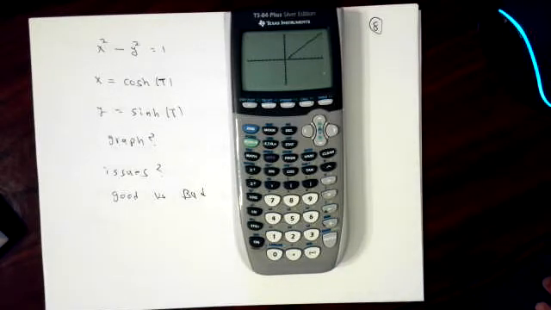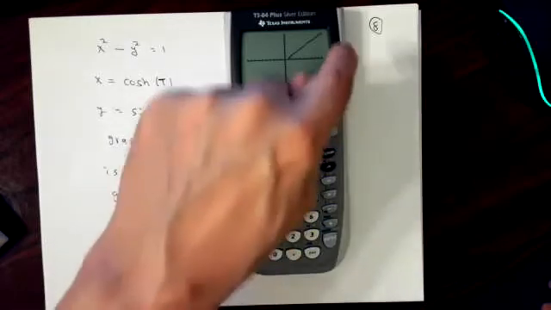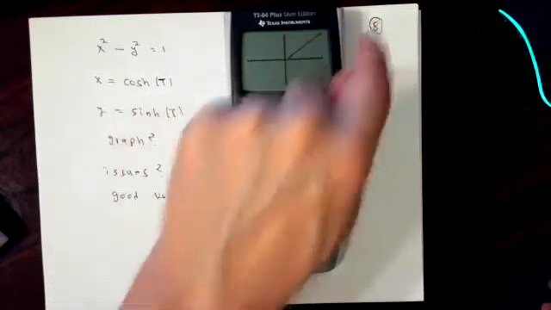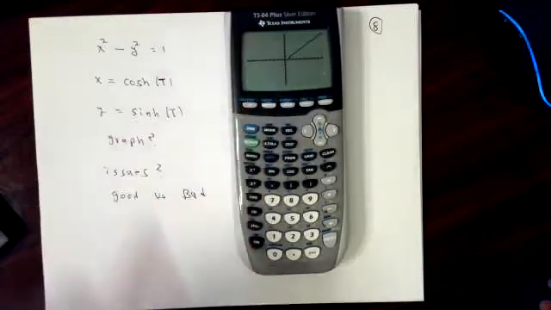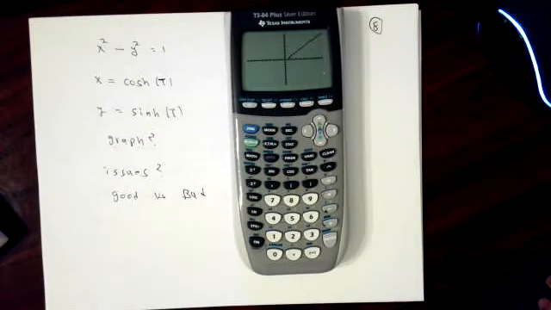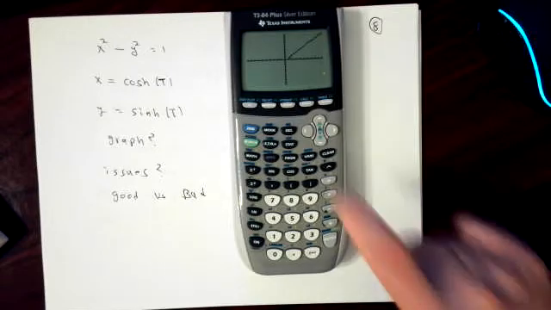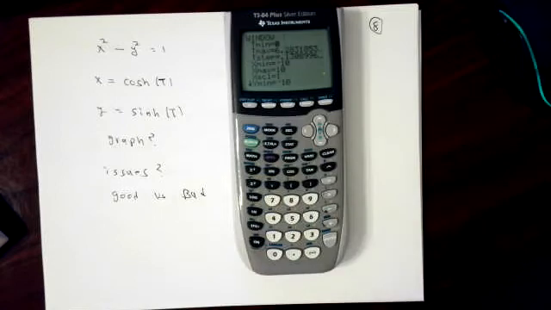Well, it's interesting. An actual hyperbola has a curved piece over on this side and a curved piece over on the other side. It looks like I'm only getting 1/4 of my graph. The first thing you think of is maybe my t range isn't good enough. Go into the window settings.